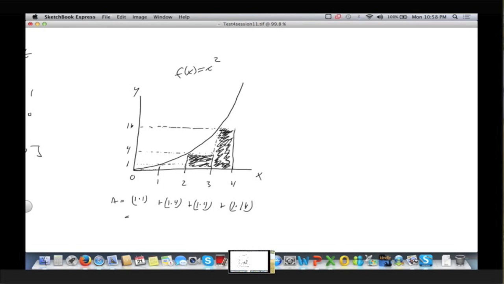What's its height? 4. Did you write that correctly? Mm-hmm. Shade the second rectangle. I didn't write that one right. So this one was this one. That was that.